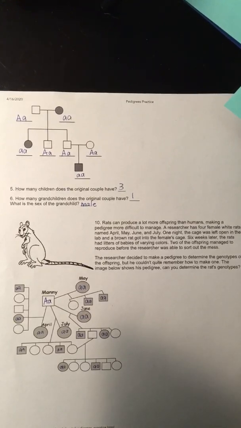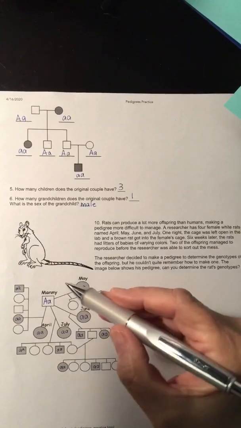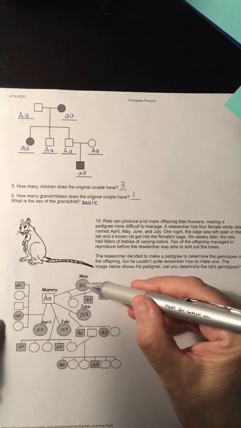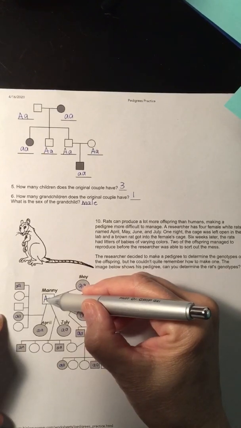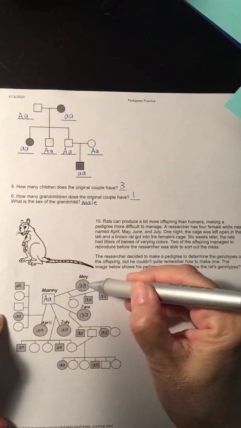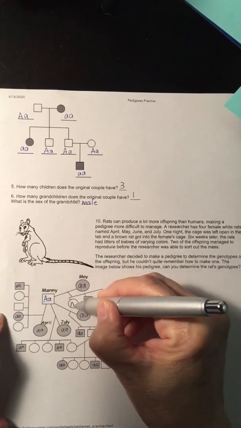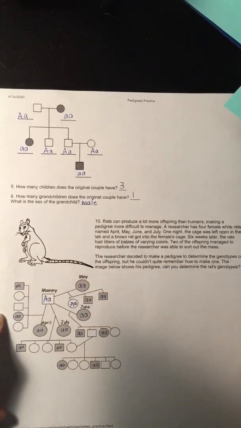So when we do the pedigree from Sneaky Manny and April, June, July, and May, we know a couple of things. Now, there are a couple of things we don't know, all right? We know that this child got one of her alleles from her dad, Sneaky Manny, and one from her mom. So she's big A, little a. We know that for sure.